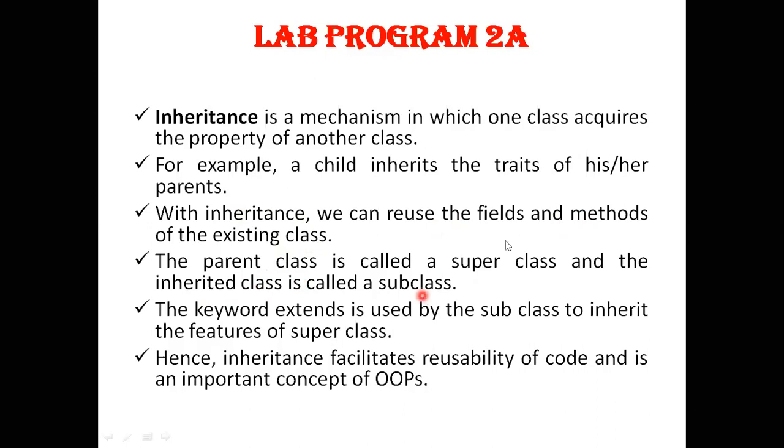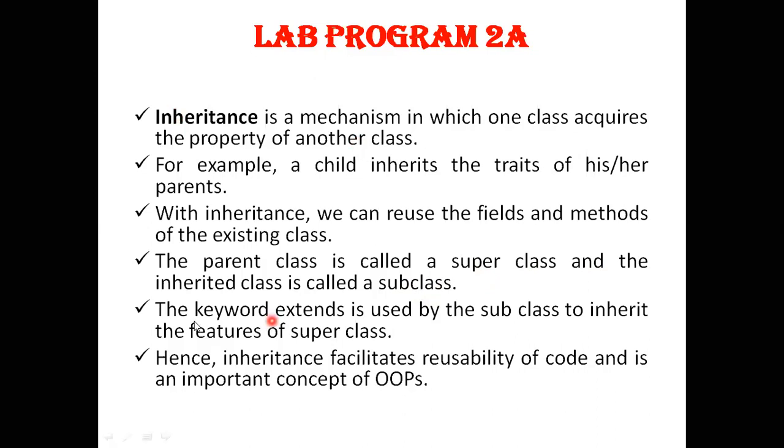Sometimes we call them superclass and subclass, or base class and derived class, or parent and child. Most often we refer to them as superclass and subclass. So how do we achieve this concept of inheritance in any OOP language? To achieve inheritance, you have to follow a particular syntax.